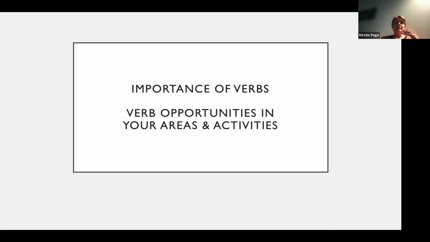So without verbs, it becomes very difficult to join words together. It becomes very difficult to move into sentence formation.